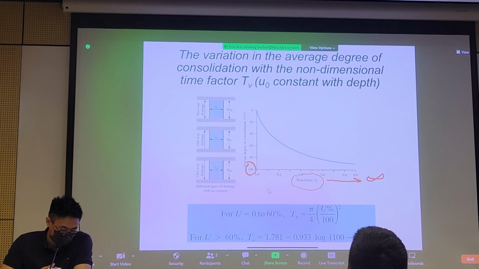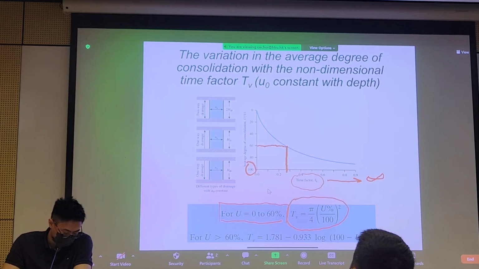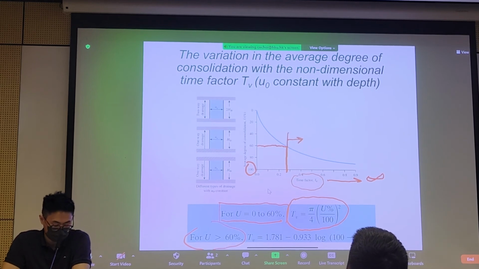So we can actually describe and fit these two expressions. It's not a continuous function, okay? So don't think it is. From about 0 to 60, we have to use this expression to fit the curve, and from anything above 60, we have to use another expression. So this is basically approximation. It's not exact solution.